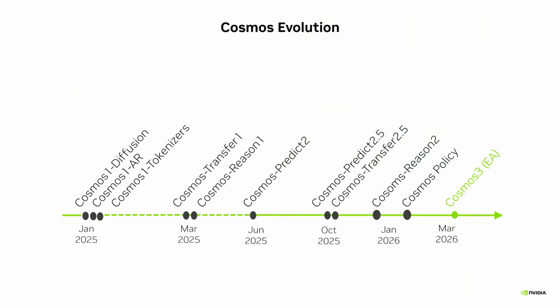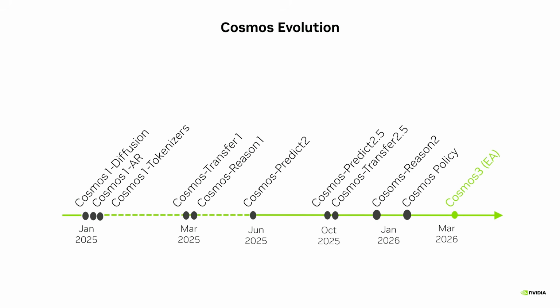We had a busy year. Cosmos was announced in January 2025. At that time, we released two kinds of video models: Cosmos Diffusion, a diffusion-based video model, and Cosmos AR, an autoregressive-based video model.